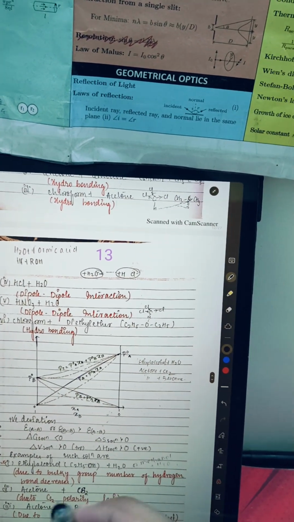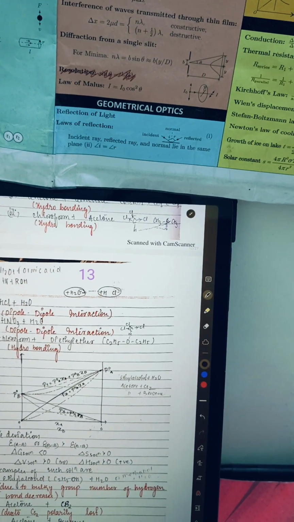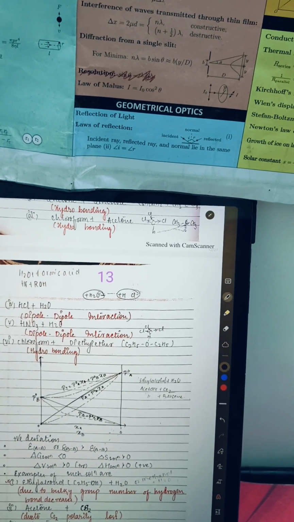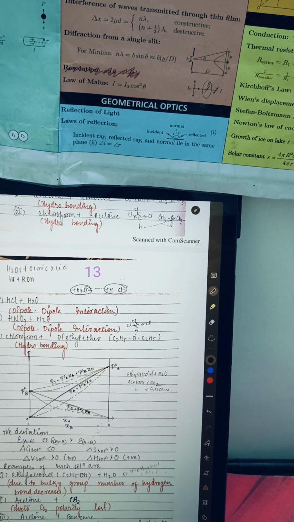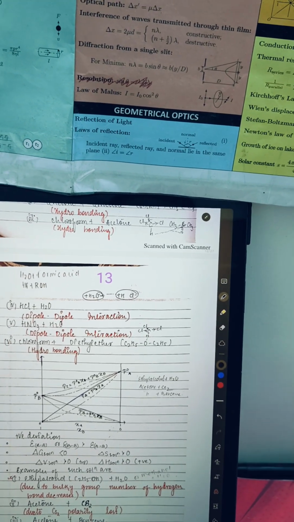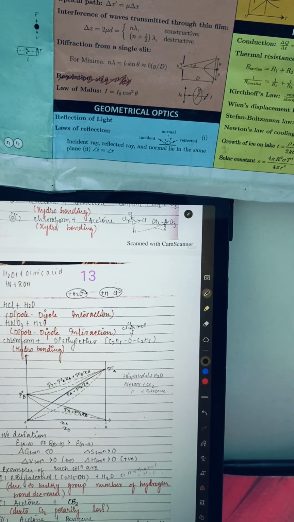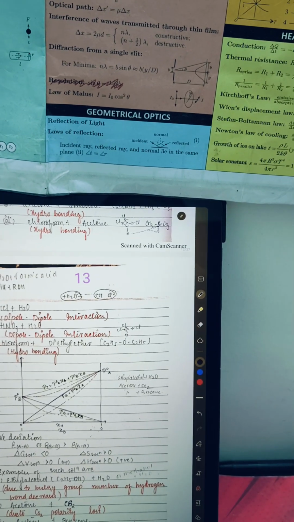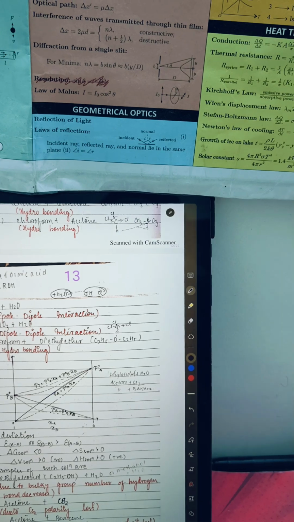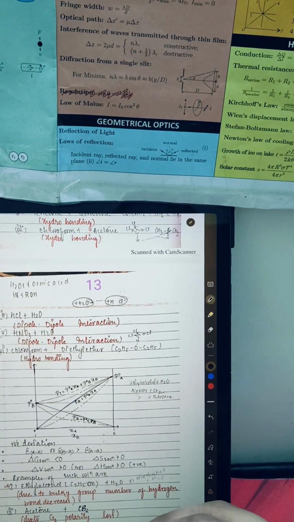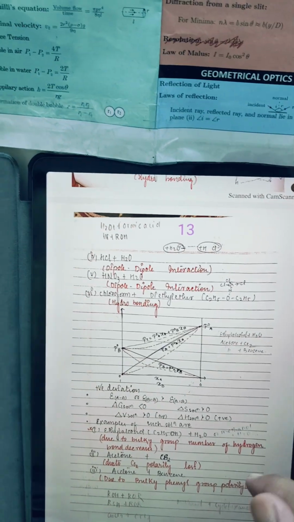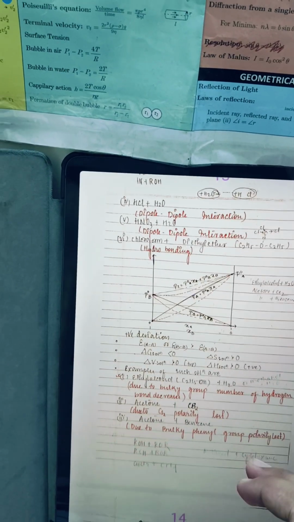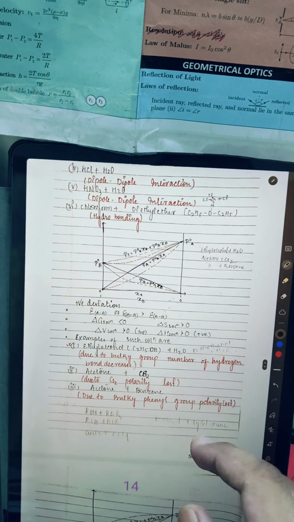Chloroform is CHCl3. Then we have acetone, CH3 C double bond O CH3. So hydrogen bond will be formed with the oxygen. Now next is H2O plus formic acid, HF plus ROH. Next is HCl plus H2O dipole interaction, HNO3 plus H2O has hydrogen bond interaction.